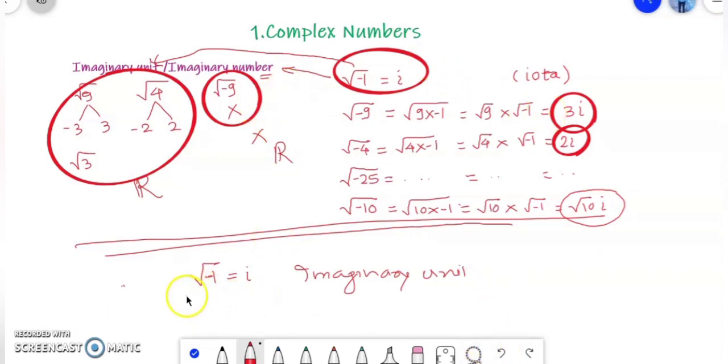Imaginary unit is i, which is root of minus 1, and then you can write numbers like 3i, 2i, root 10 i. This, if you have thought about it, is 5i. This is also an imaginary number.